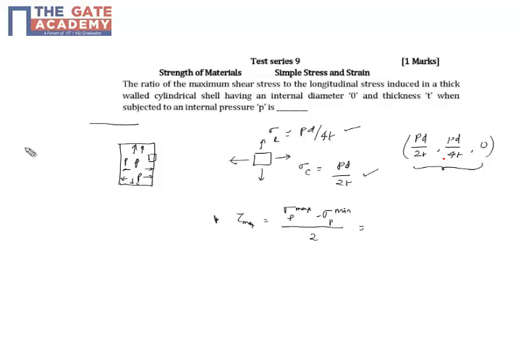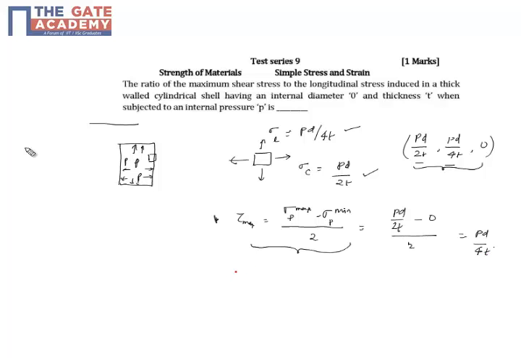Now maximum shear stress will be the max principal stress PD by 2T minus the min, which is 0. Most people take the min from the 2D stresses, but while applying this formula you have to consider all three principal stresses. The third direction has 0 as its principal stress. So PD by 2T minus 0, by 2, comes to PD by 4T.